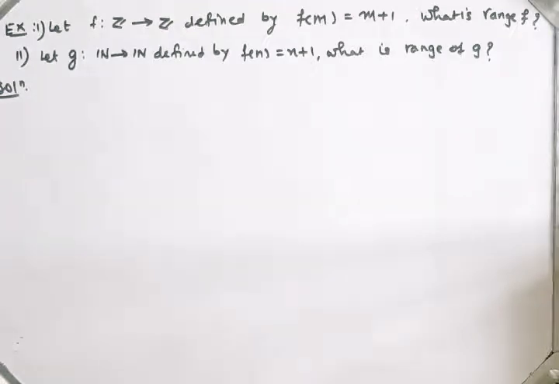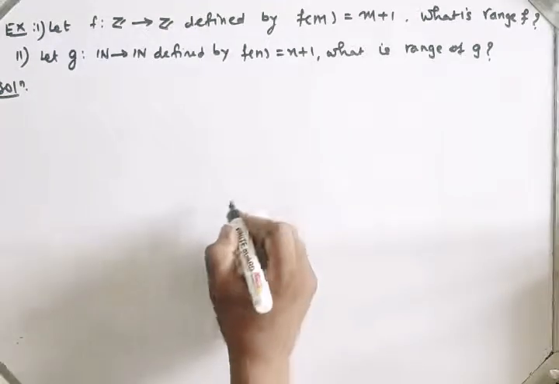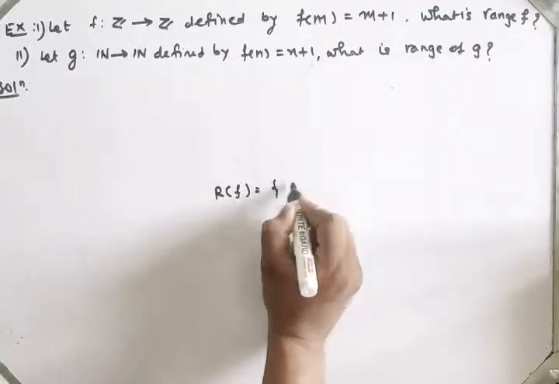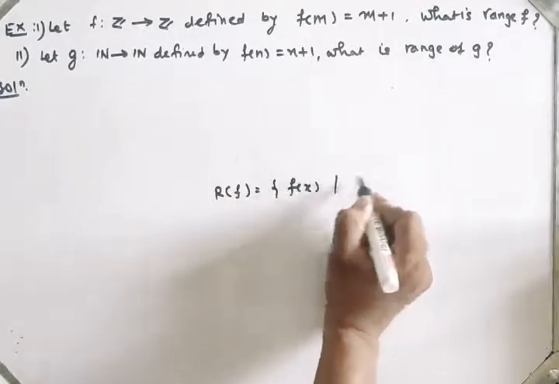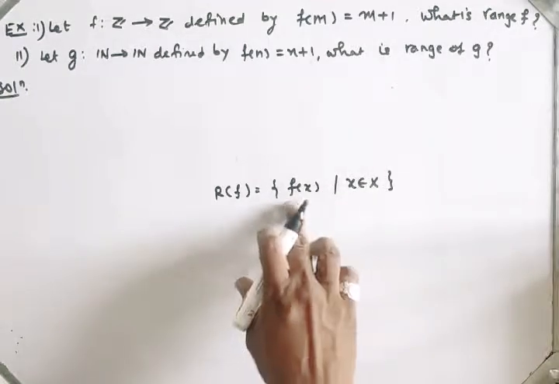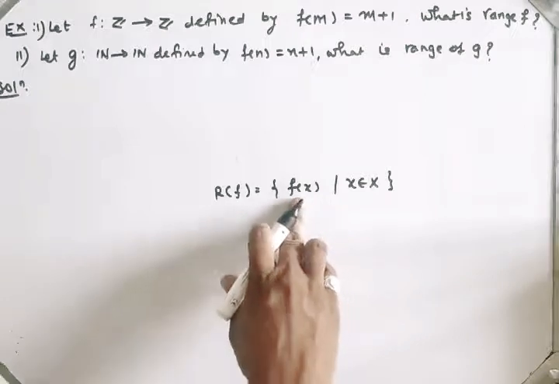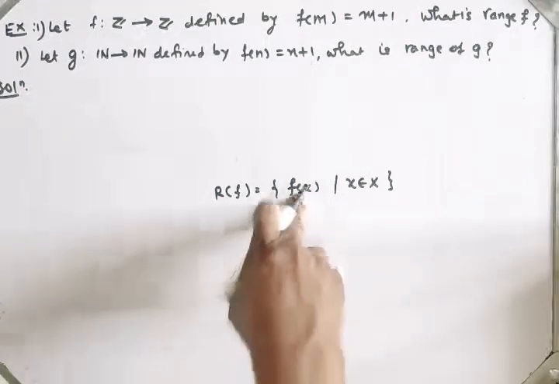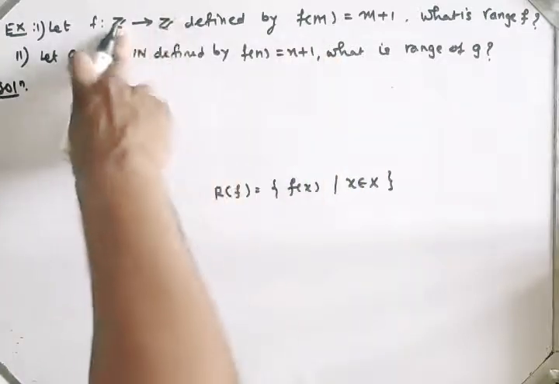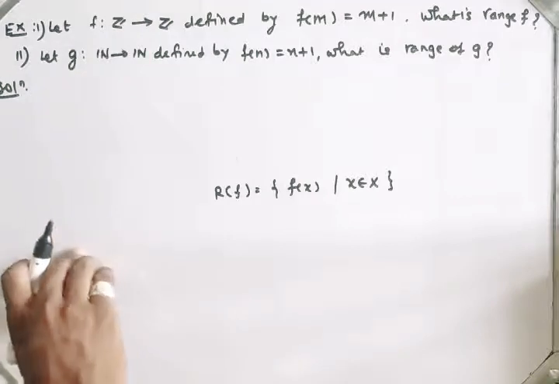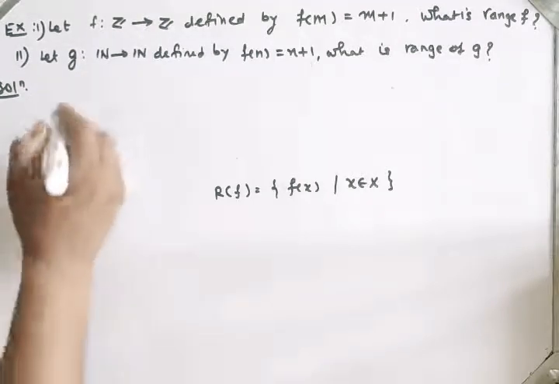So we have seen the definition of range. What is the definition? The range of f is nothing but the set of f of x such that x belongs to the set X. Then the outputs of the function f of x form the range of that function. Here I have given the domain as the set of integers in the first example and the codomain is the set of integers. So we have to find the range.